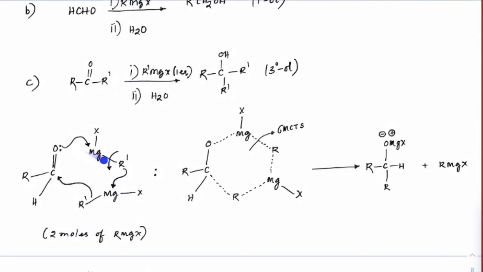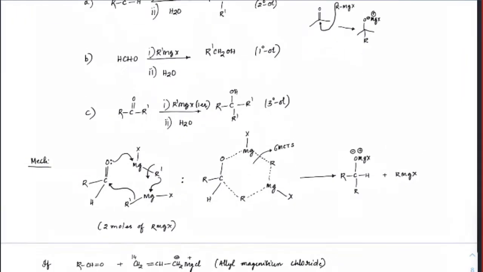The reaction will still happen. Only thing is, the mechanism will always go with 2 equivalents, which means for every 1 mole, 1 mole will be used as a Lewis acid base reaction. The other one has the nucleophilic addition.